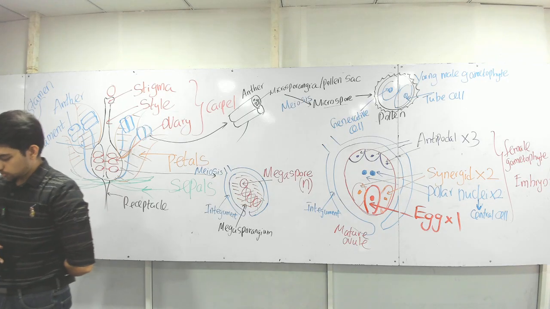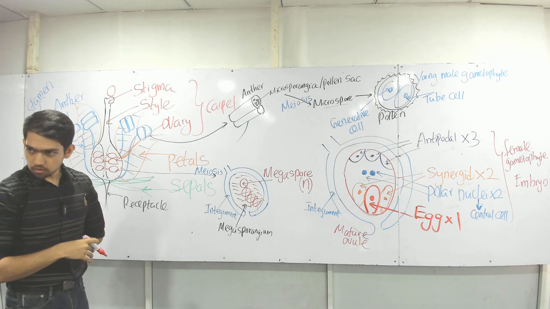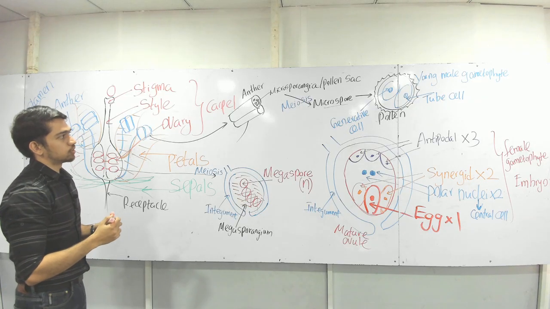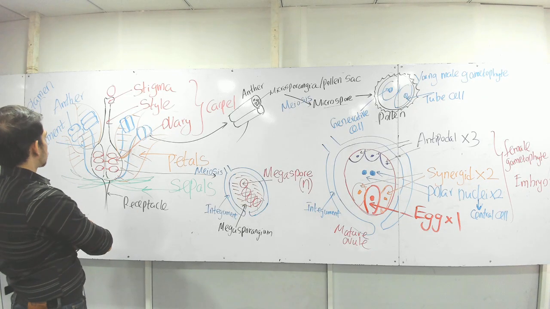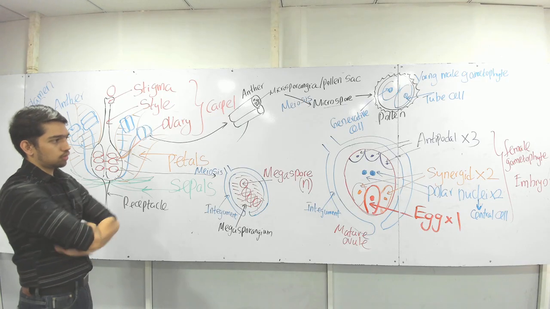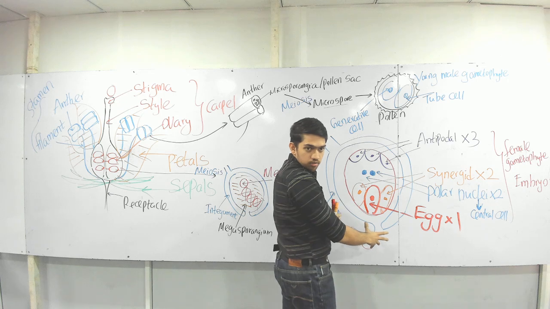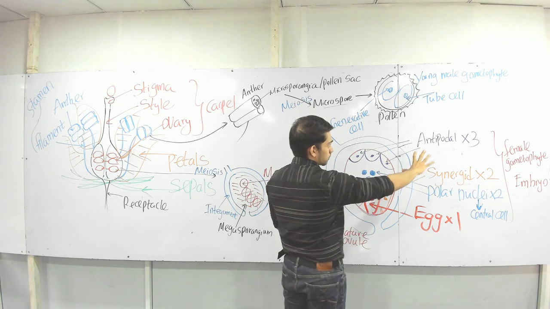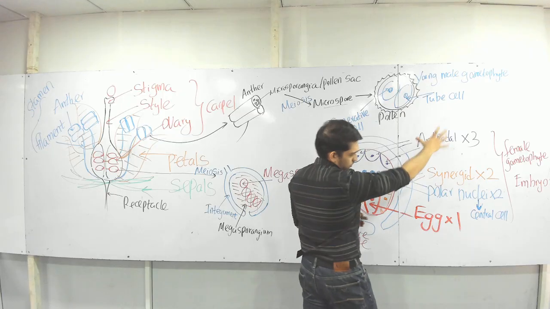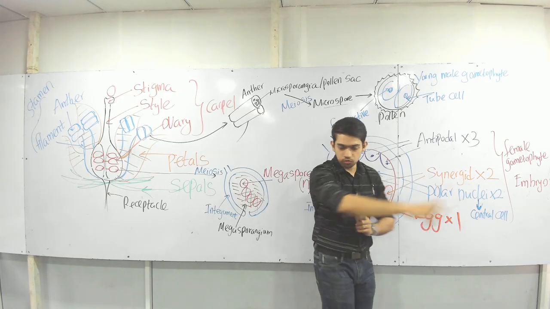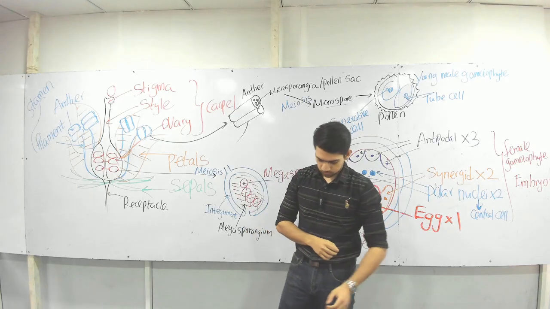You just have to do pollination and then fertilization. Shall we start drawing up to here? I'm going to erase this later and do the pollination. So draw up to here, but leave some space to draw the next step. I'll erase this labeling and give you the next step.